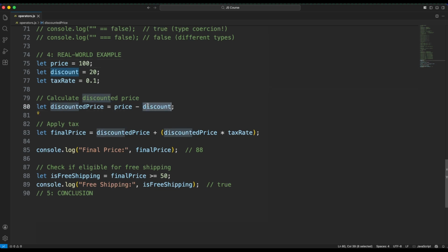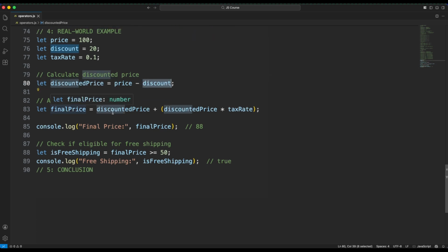Then apply the tax. The final price after tax will be discounted price plus discounted price times tax rate. We know when the parenthesis comes up, at first we do the math here, then sum these values, right? So the answer will be 88.